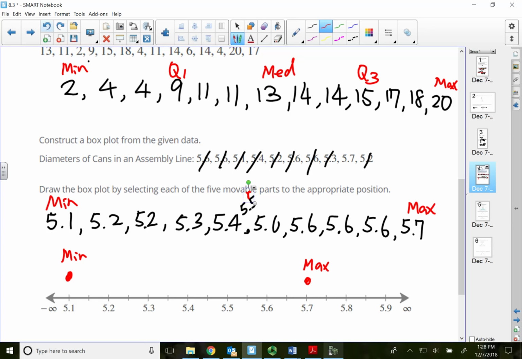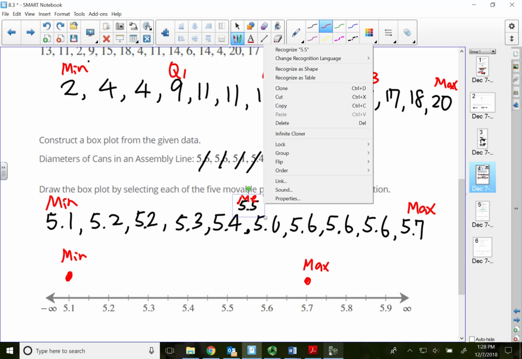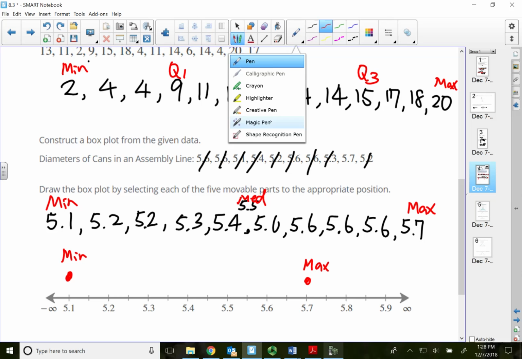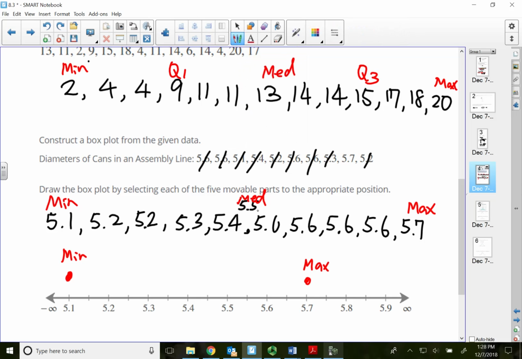MED. All right. That's going to be my median. Now, from the minimum to the median, the first 50th percentile, let's find the median again.